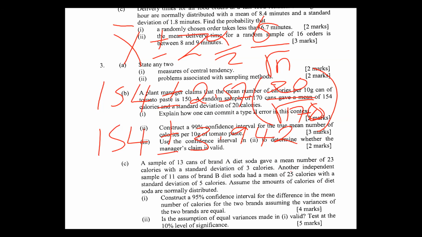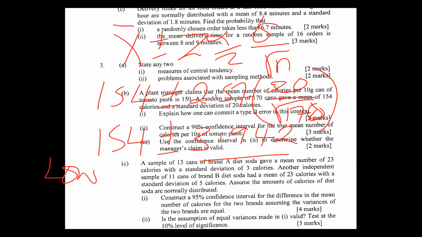So now, when you are creating the interval, when you want the lower value, you just subtract 154 minus this value.